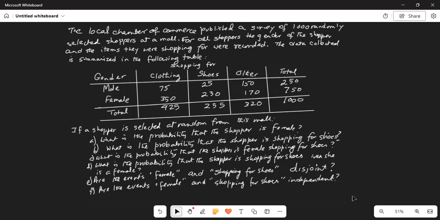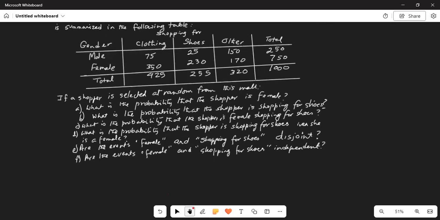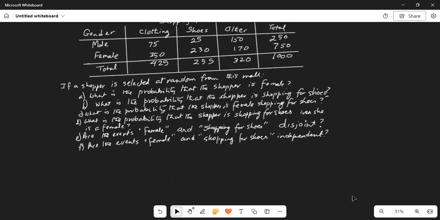Part A: if a shopper is selected at random from this mall, what is the probability that she is female? We will move this a slightly bit up. So part A, probability of female.